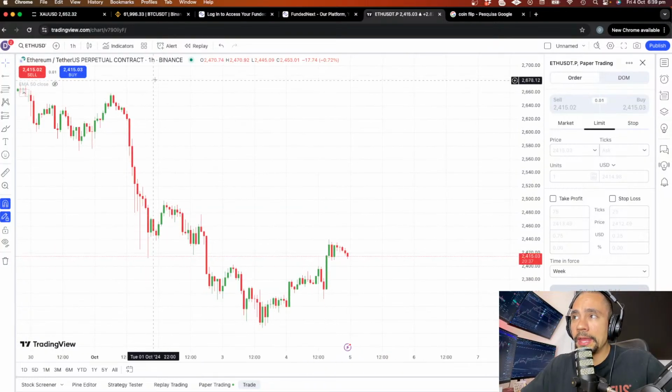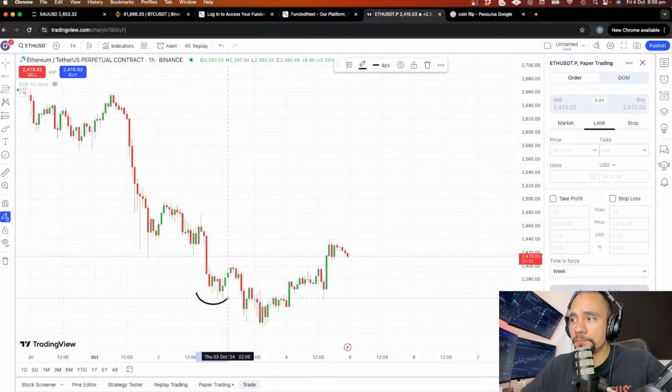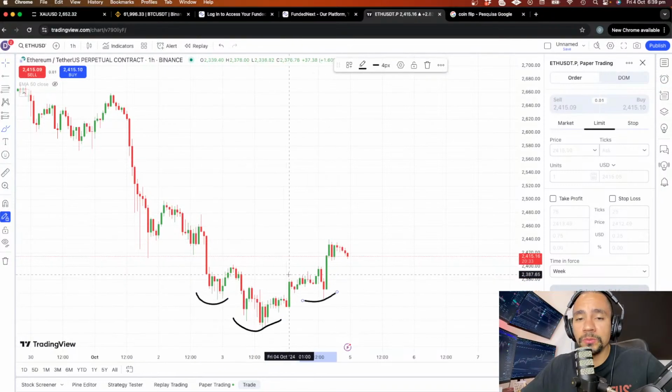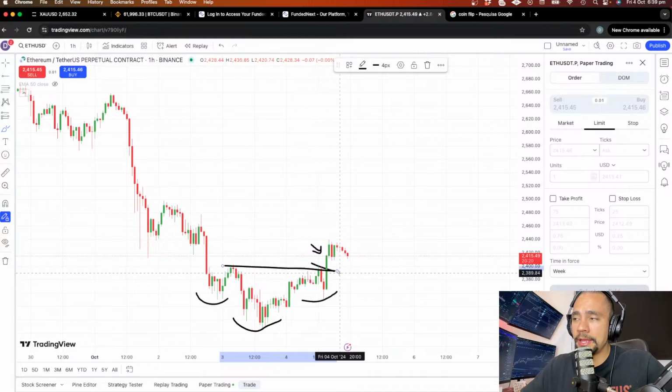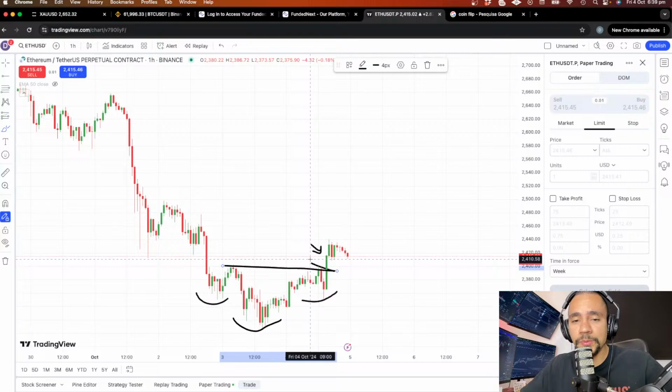For example, in a head and shoulders like this, I am not gonna risk 1% in this trade. I'm gonna risk more. I'm gonna use more leverage, and I'm gonna bet bigger, because I know that this move here after breaking this neckline is very, very likely. It's like a 75 to 80% chance, maybe even more.